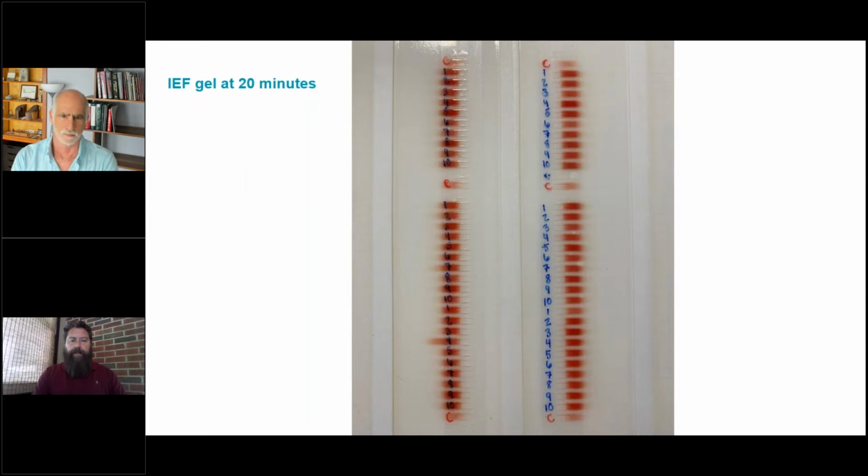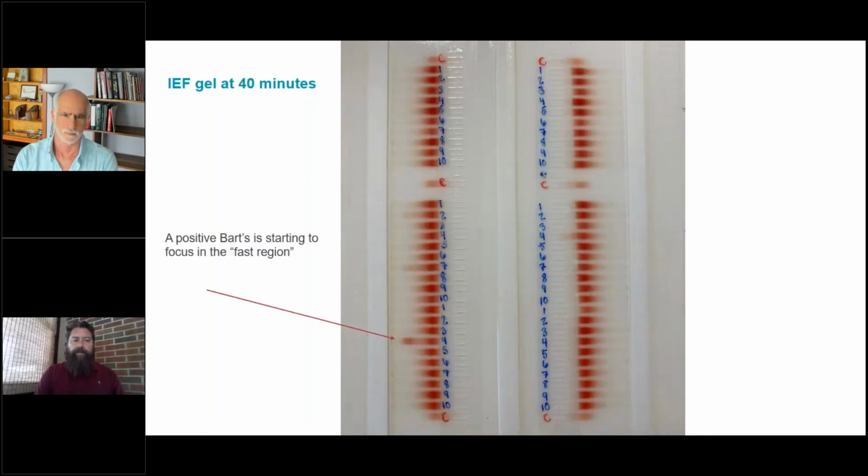This is after 20 minutes, and you can see both sides are moving towards the anodes, to the right and to the left. After 40 minutes, on the left side, you can see there a positive BARTS is starting to focus in the fast region. So like Dr. Bender said, BARTS is the hallmark for alpha thalassemia.